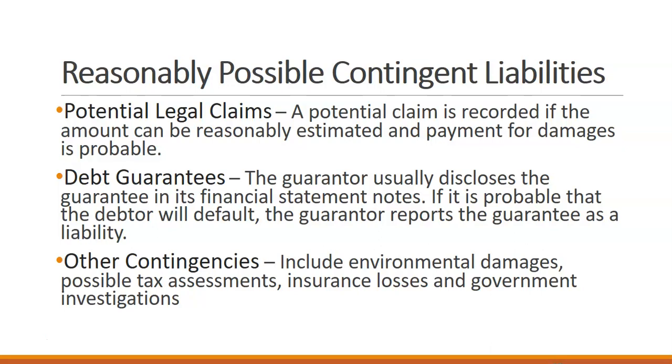A debt guarantee. If it's probable that our debtor is going to default on their payment, then we're going to report that as a liability. So these are if we've guaranteed debt.